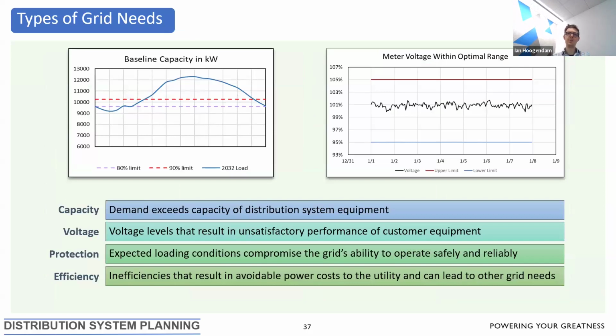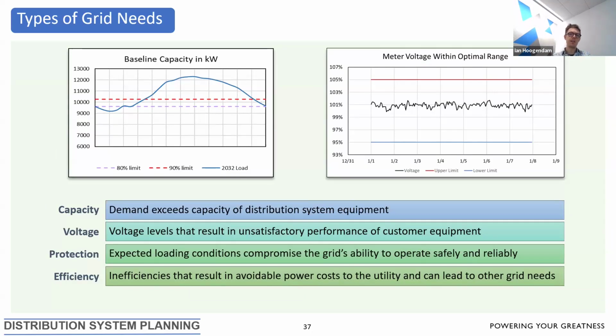So in distribution system planning, we're primarily identifying grid needs into these four categories: capacity, voltage, protection, and efficiency. So capacity grid needs arise when the demand surpasses the capacity of some distribution system equipment.